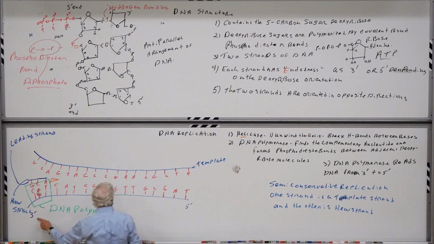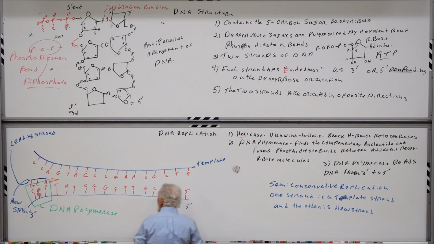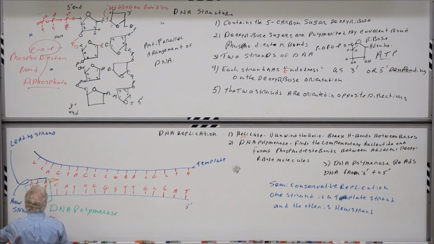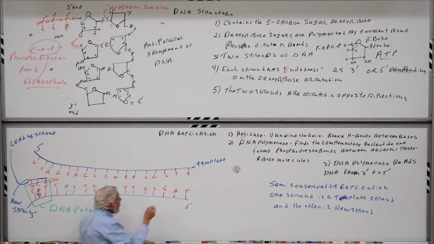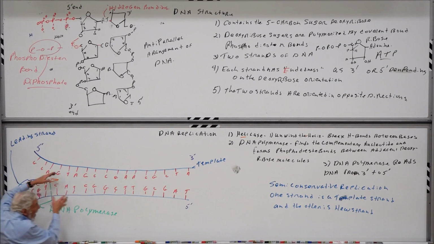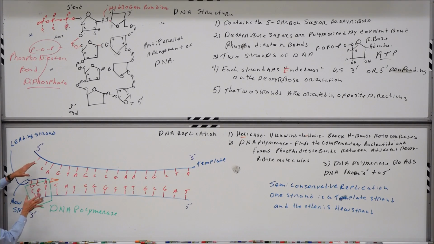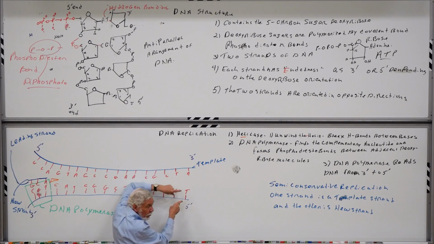But if this is the 3' end and this is the 5' end, then knowing that we have the antiparallel organization, this is now the 5' end and this is the 3' end. So imagine this thing being several million base pairs long. The helicase comes in and opens it up. It's fine for this strand. We can walk right along the strand and read it 3 to 5.